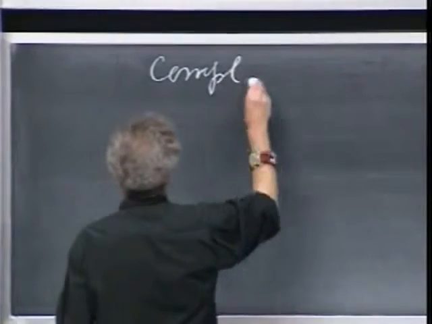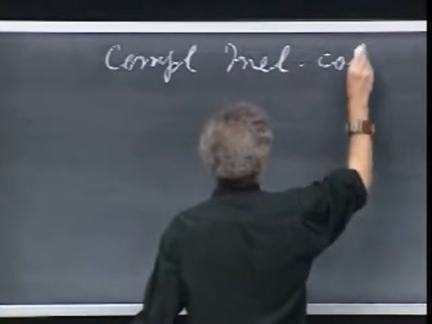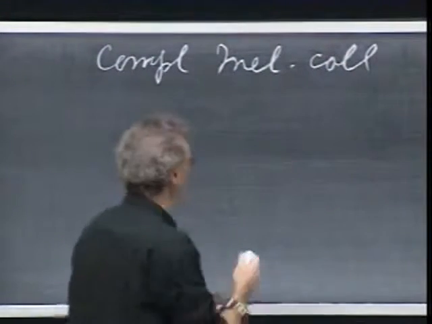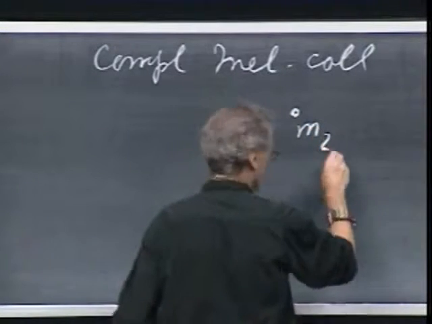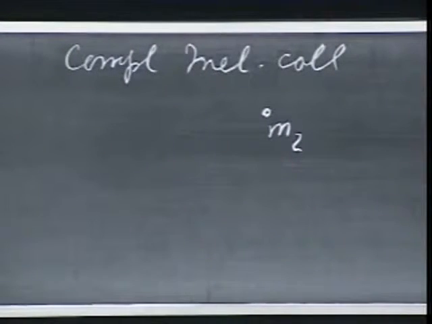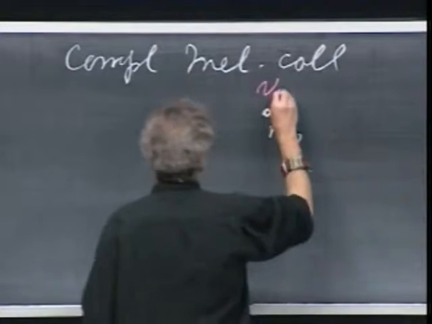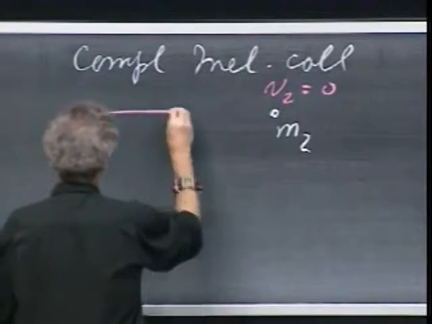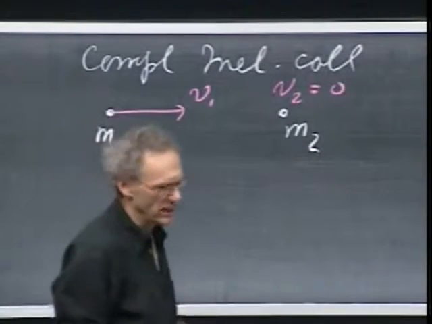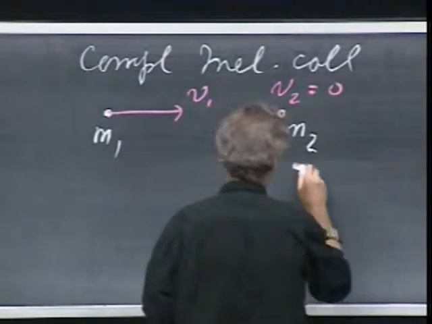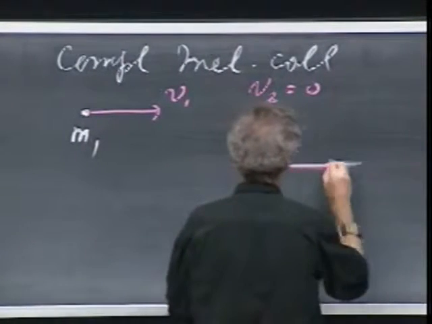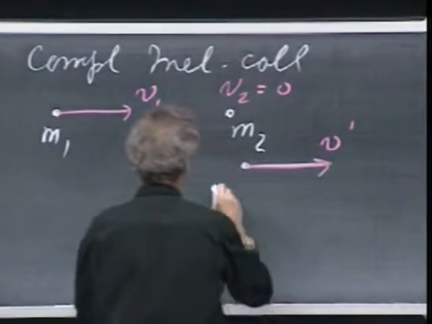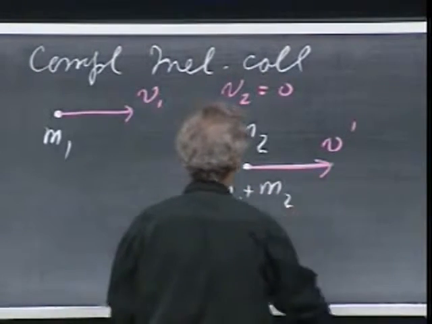So now we are back in 26.100, and we're going to make a completely inelastic collision. That means they stick together, remember? And for M2, to make life a little simpler, we have no speed, V2 equals 0, and M1 has a velocity V1. You've seen this now a zillion times. They stick together, and so I have here a velocity which I call V prime, and the mass is M1 plus M2.